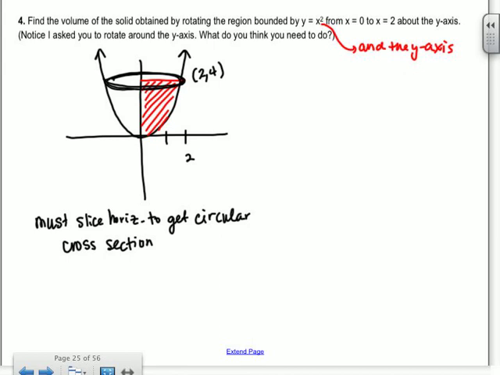So if I'm going to chop horizontally, what's changing? X values, y values? Y values. Yeah, so you're going from 0 to 4. You need to get it in terms of y. So we need to integrate with respect to y, because the y values are what is changing as you change your cross sections.